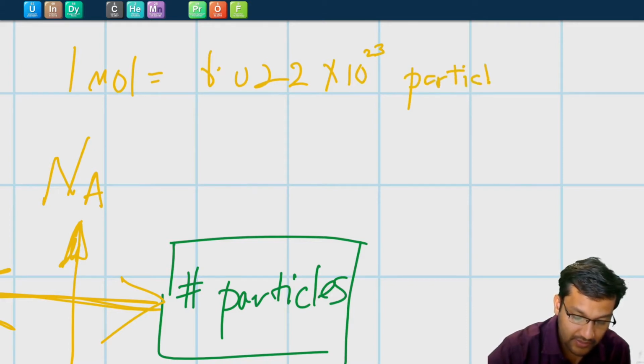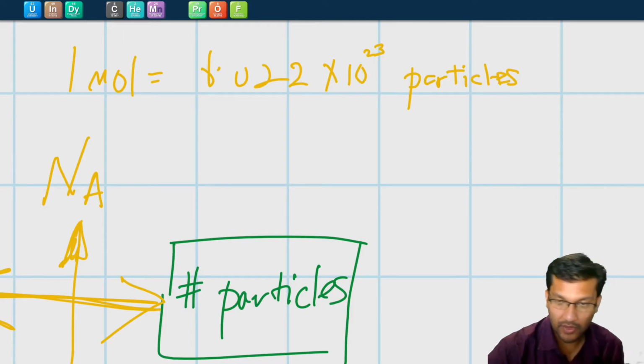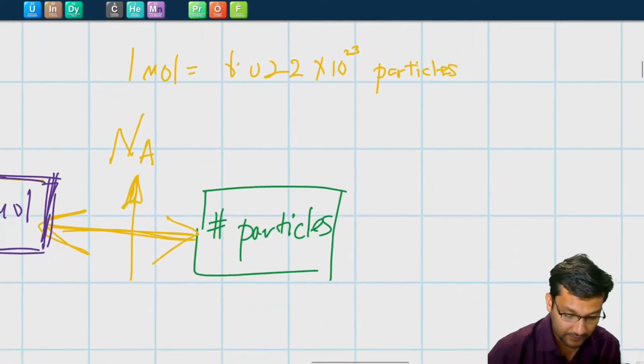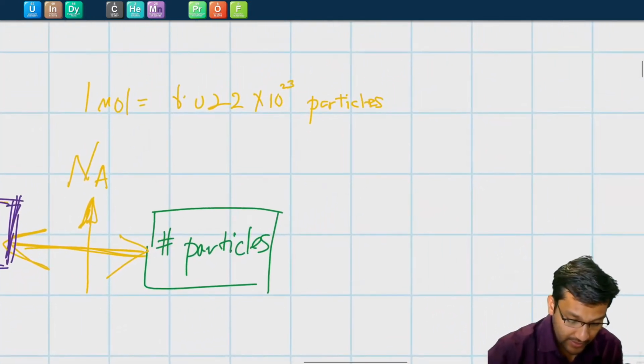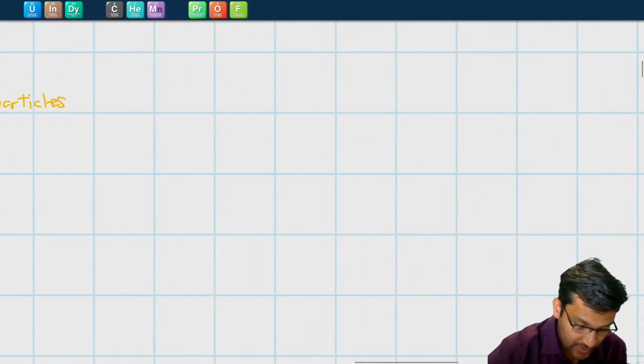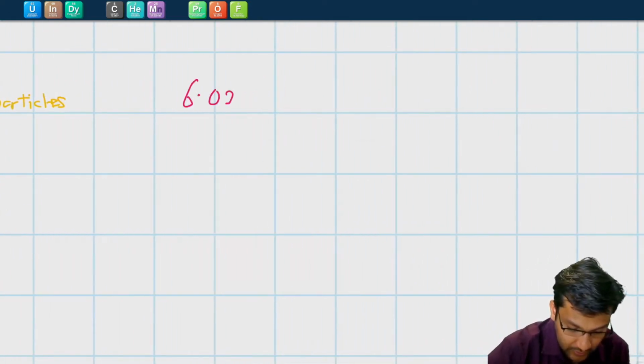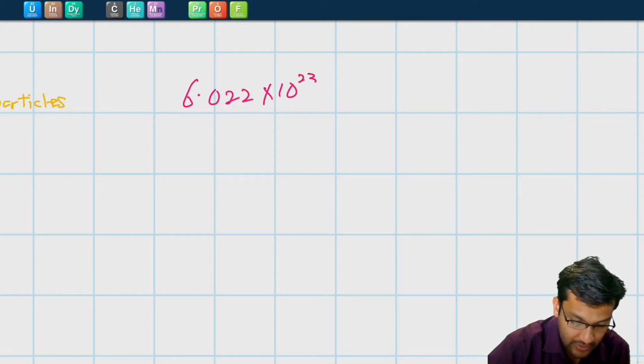And particles could be anything from atoms to molecules to grains of sand. Put another way, Avogadro's number can also be written as 6.022 by 10 to the 23rd particles per 1 mole.